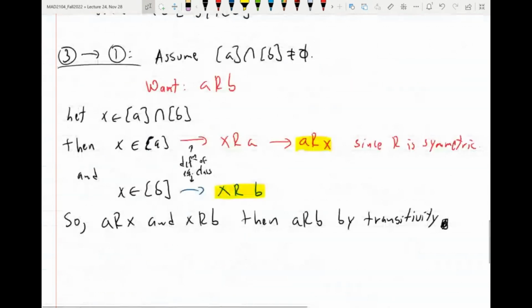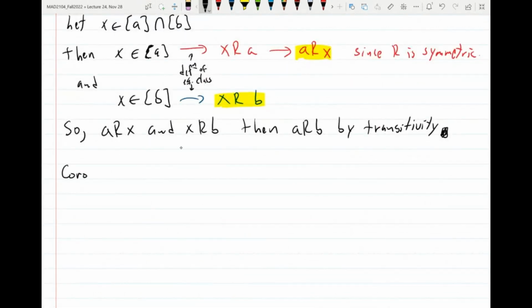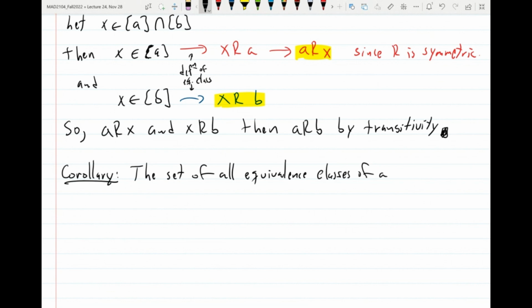So a corollary of this theorem: the set of all equivalence classes of an equivalence relation on A forms a partition.